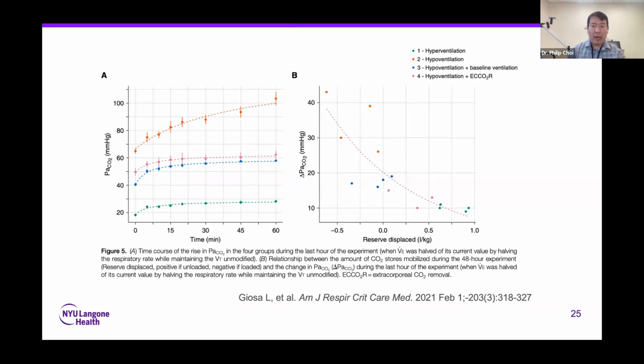And in the red at the very top, the pigs were hypoventilated for the entire experiment, including this last 60 minutes. And so what you see is for all the curves at the bottom, you see PCO2 initially rise when the pigs are hypoventilated, but starts to level off. And that's a sense of CO2 diffusing into other compartments as well. But in the pigs that were hypoventilated throughout the entire experiment, they're starting off at a much higher PCO2, and the PCO2 does not level off.